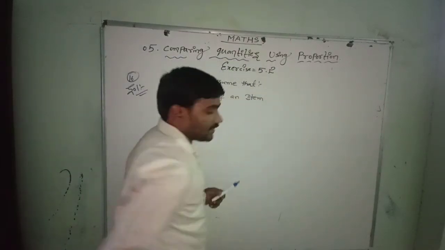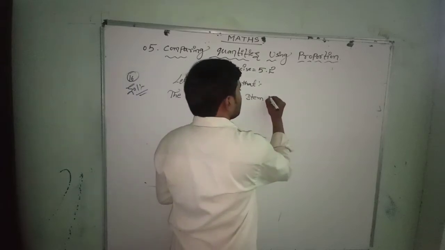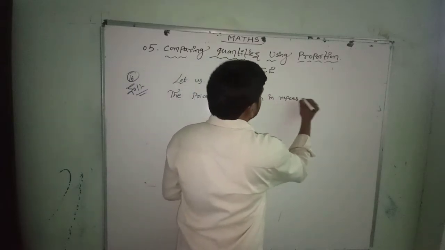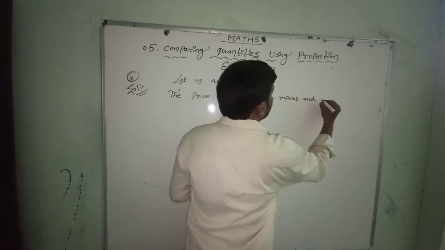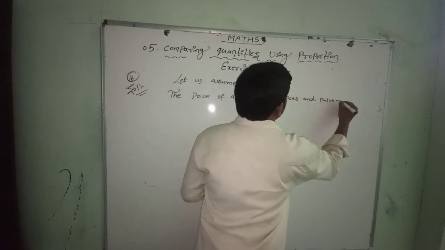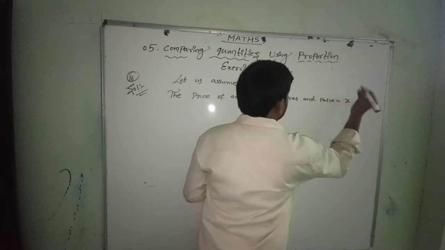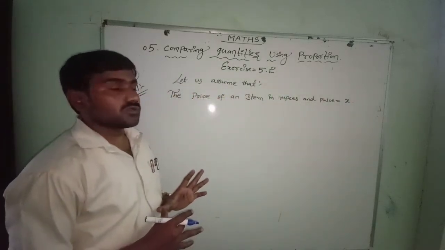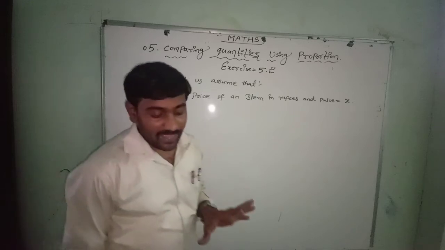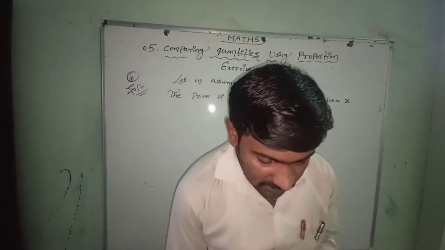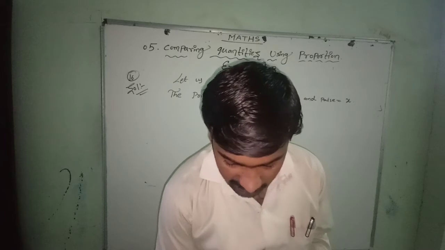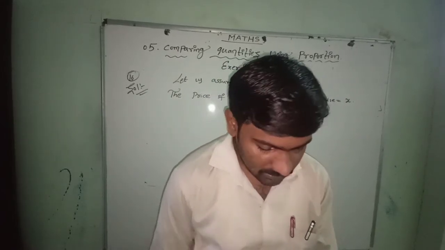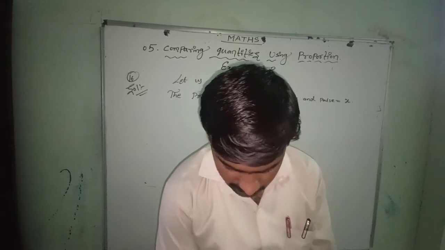The price of an item in rupees and paisa equal to x. Rupees and paisa, అంటే అది rupees and paisa లో ఉంది. So now what we have to do here was the question actually. See, the price of an item in rupees and paisa. This is the question.